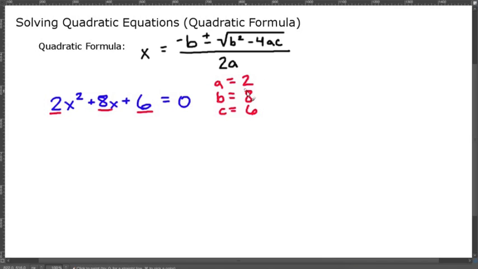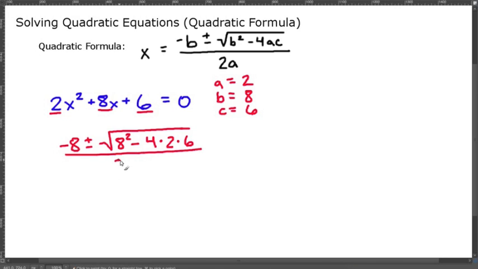Now we're going to have the opposite of b, which is 8, so the opposite of 8 plus or minus the square root of 8 squared, so that's b squared, minus 4 times our a, which is 2, times our c, which is 6, and that's all over 2 times a, which is 2 times 2.